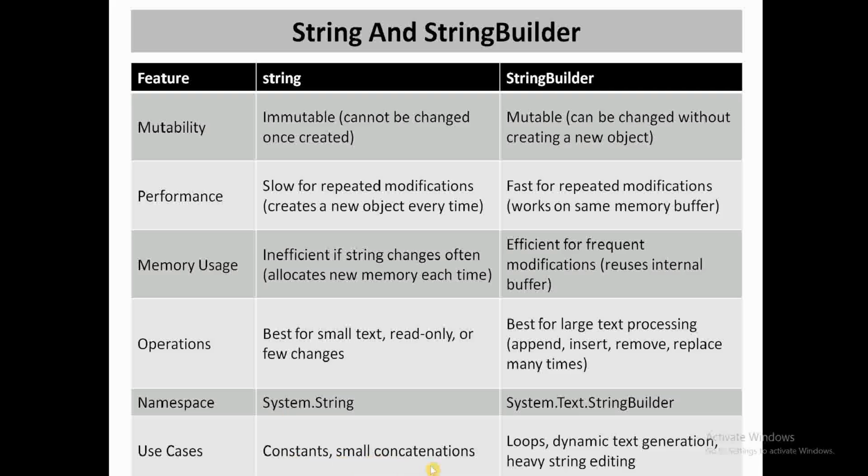If we do not have big concatenations, meaning big modifications, then we can go with String. And if we have heavy data, a bulk amount of data on which we have to do modifications according to requirements, meaning if we want to use it in loops, dynamic text generation, or heavy string editing, then we can go with StringBuilder.